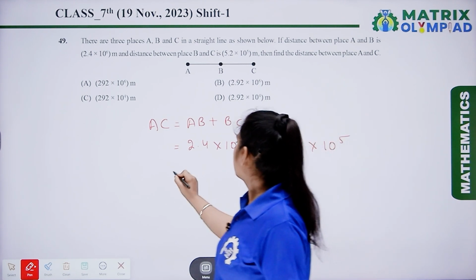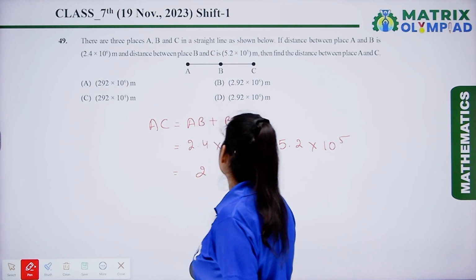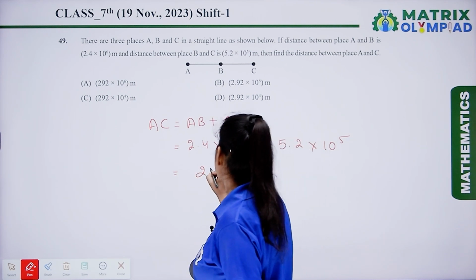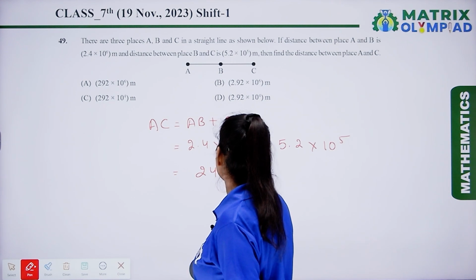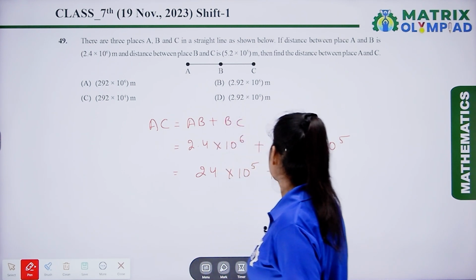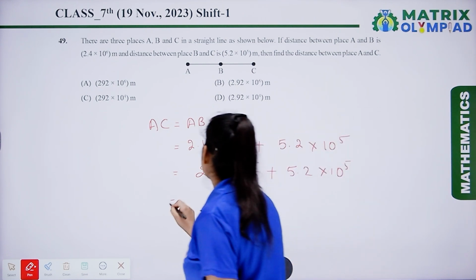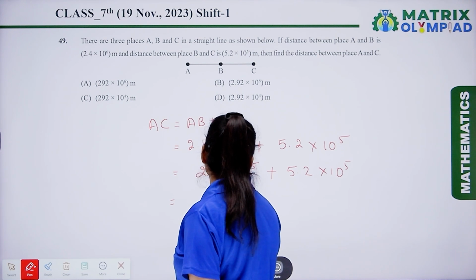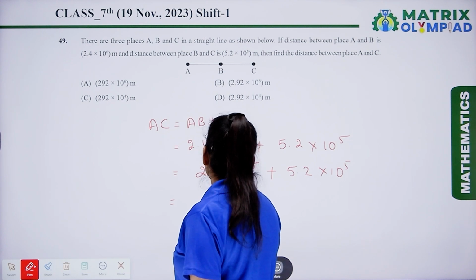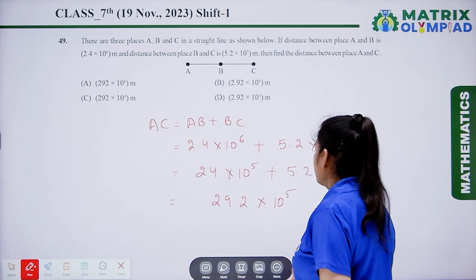So here, to make the exponent of 10 the same, we will shift the point to the right in 2.4, and we get 24 multiplied by 10 to the power 5 plus 5.2 multiplied by 10 to the power 5. So here we get the answer 29.2 multiplied by 10 to the power 5.